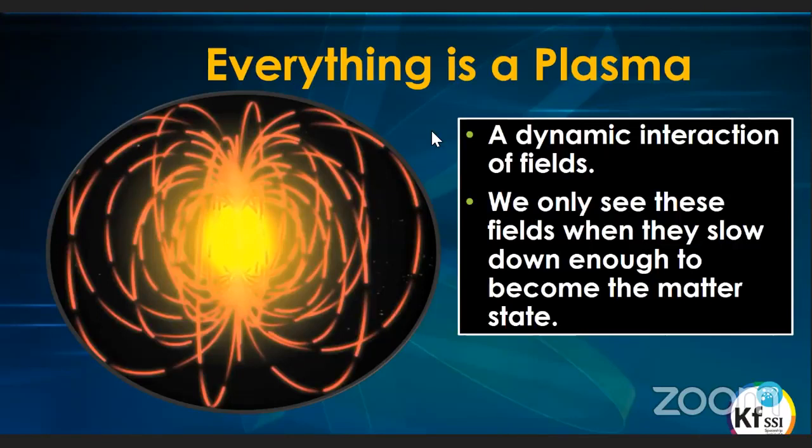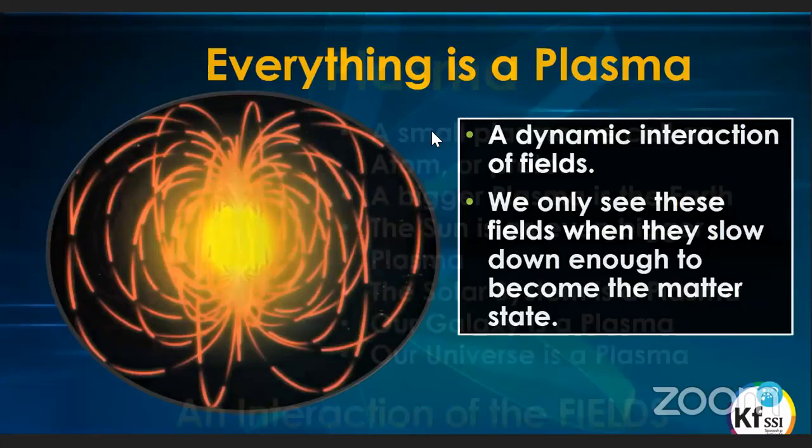And we only see these fields when they slow down enough to become the matter state. There are different strengths of fields out there, and that's why we don't see them. So we only see those which have slowed down enough for us to be able to see them as the matter state.